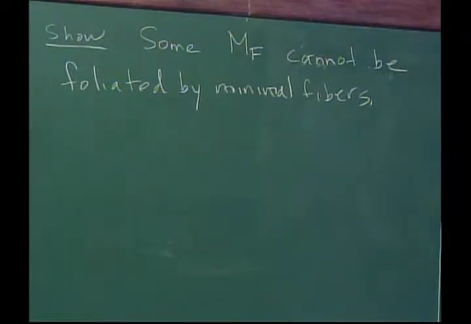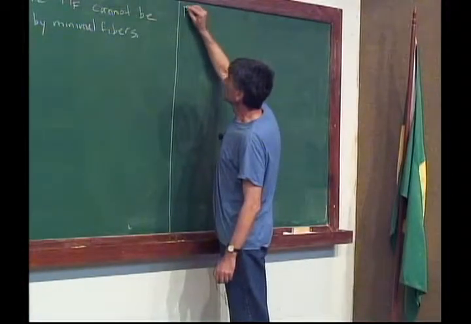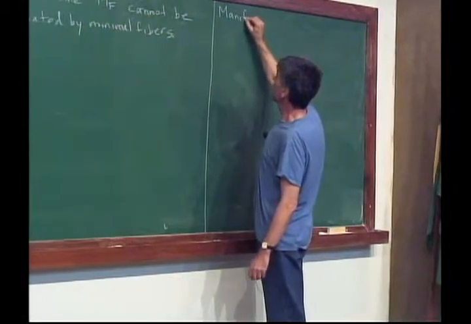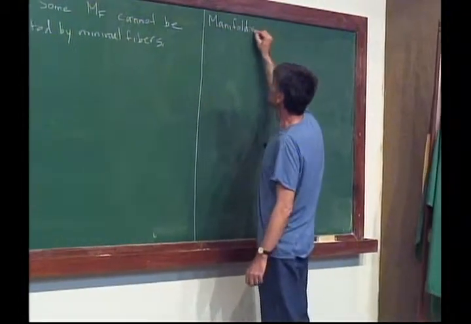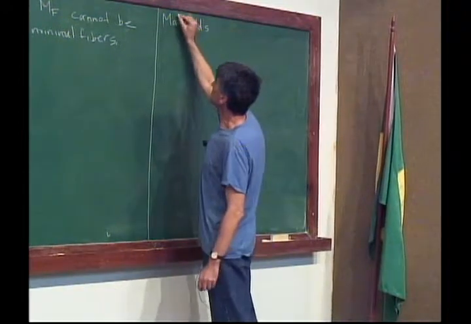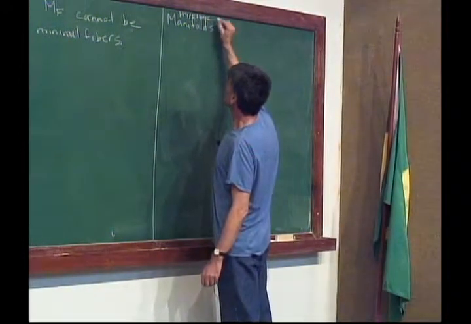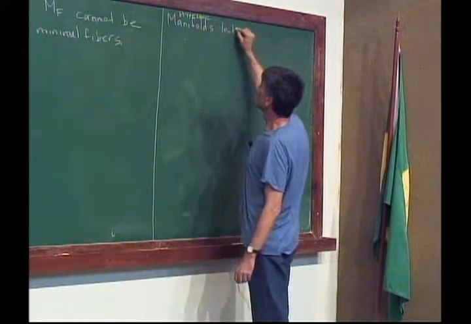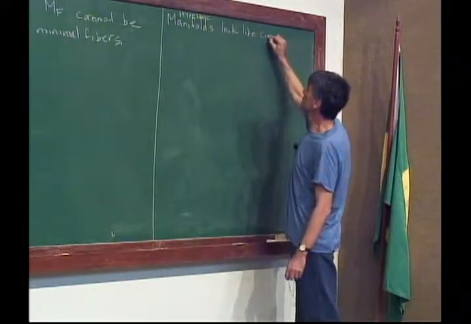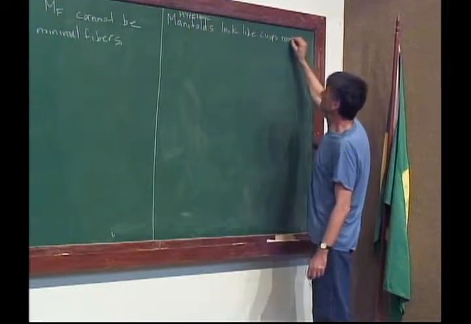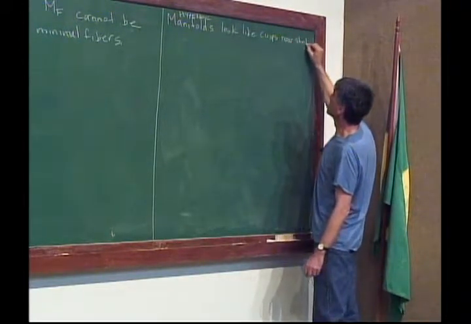I want to try to explain a basic geometric construction, which is that hyperbolic manifolds look like cusps near a short geodesic.